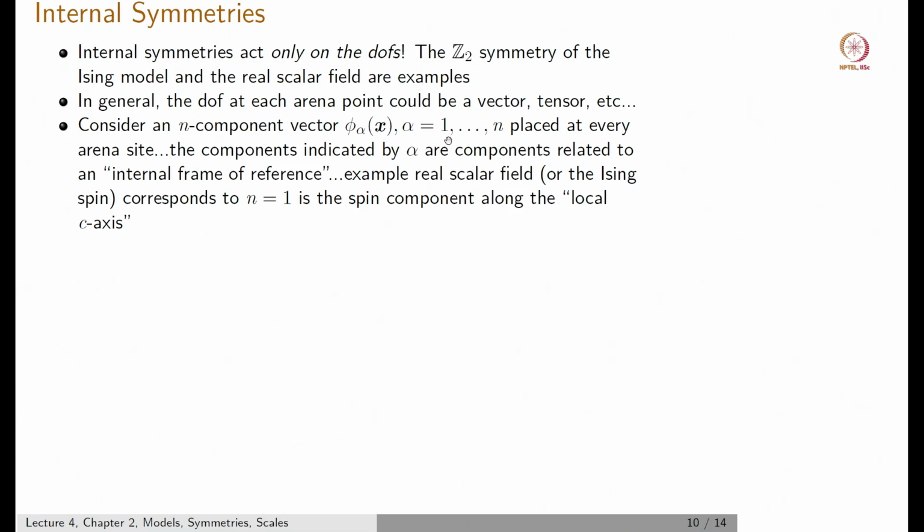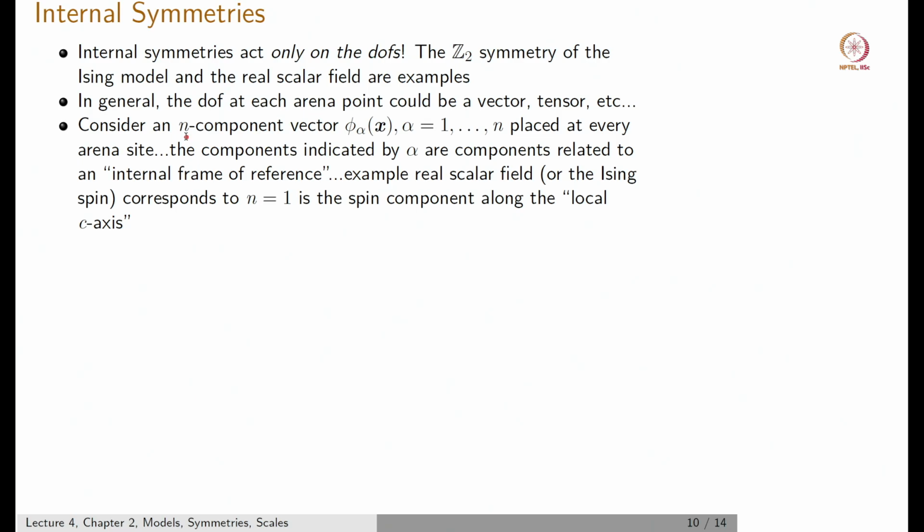These components are related to some internal frame of reference of the degree of freedom. For example, in the Ising case, some internal spin direction was chosen, this is what we call the C axis, and that is sort of stuck to space, if you wish, right? So this is what I'm saying.